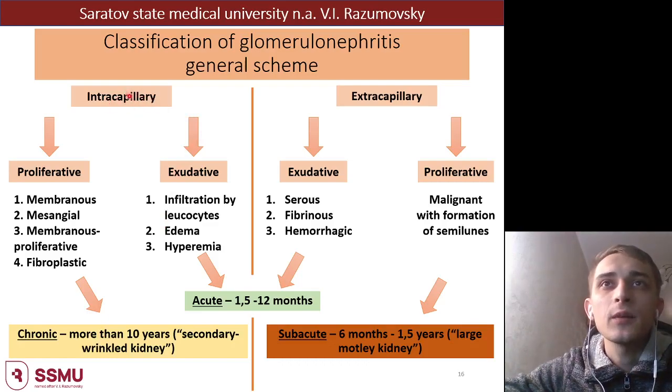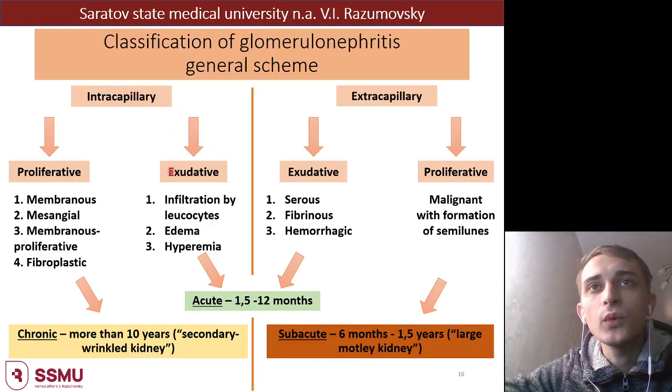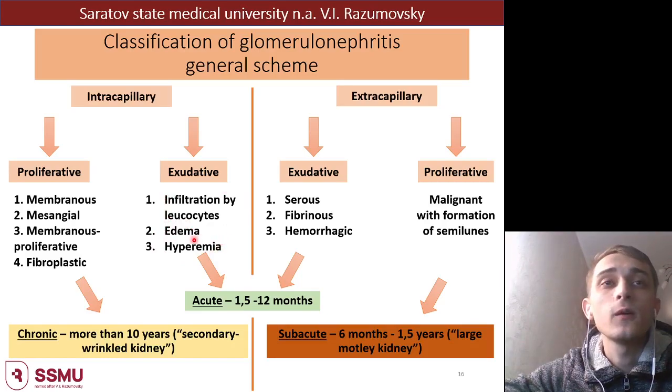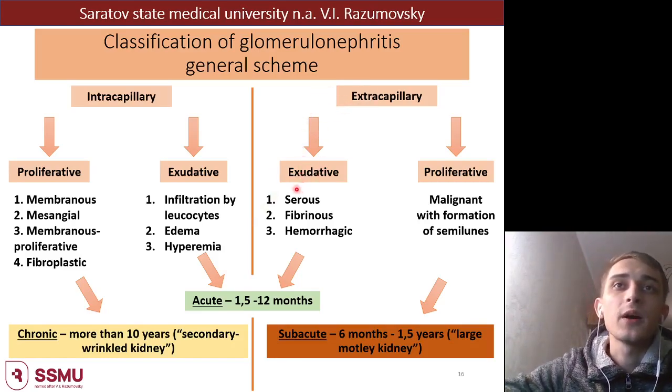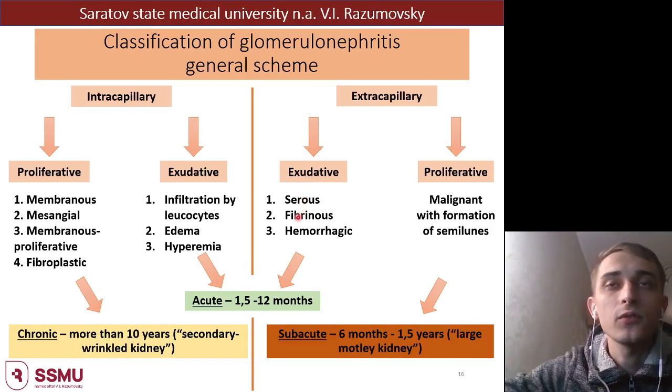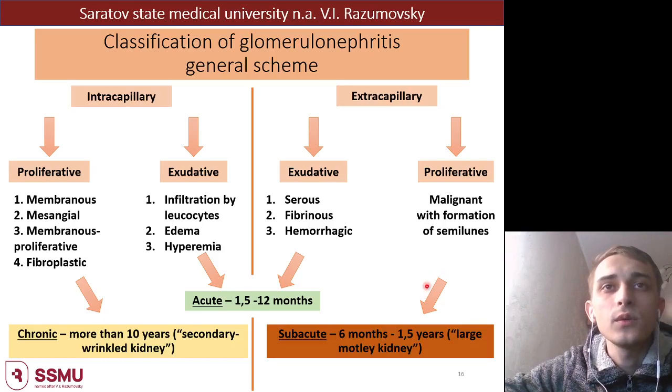In case of the intracapillary exudative type, we may see infiltration by leukocytes, edema and hyperemia of vessels, and formation of acute glomerulonephritis. The exudative extracapillary form will manifest itself by serous, fibrinous and hemorrhagic inflammation, and the result is formation of acute glomerulonephritis. The extracapillary proliferative type of glomerulonephritis will be associated with malignant glomerulonephritis with formation of semilunes, and it will lead to formation of the subacute type of glomerulonephritis.